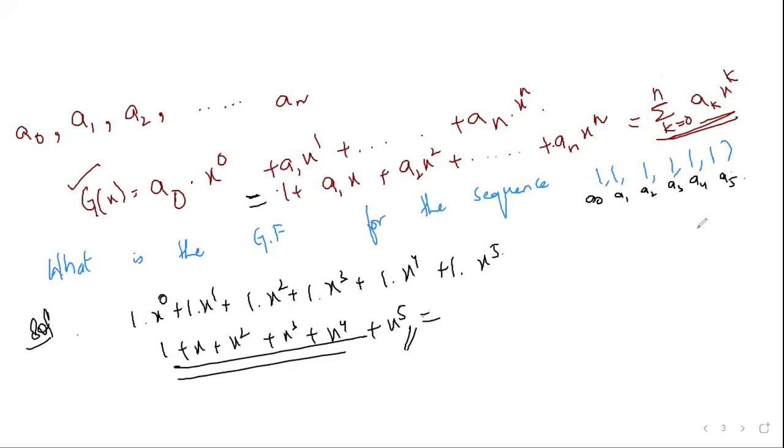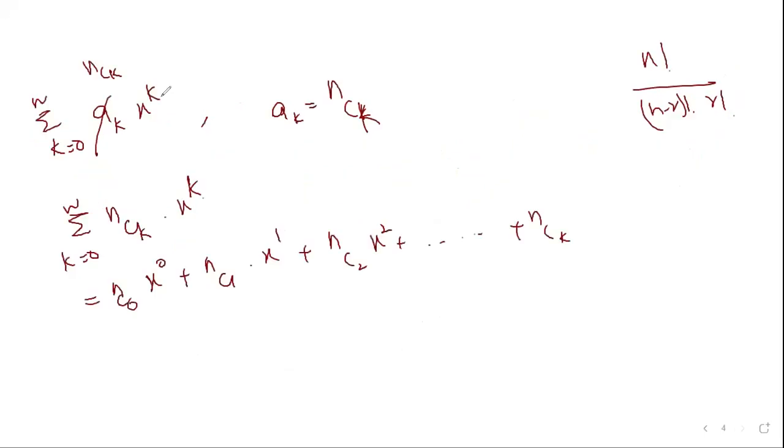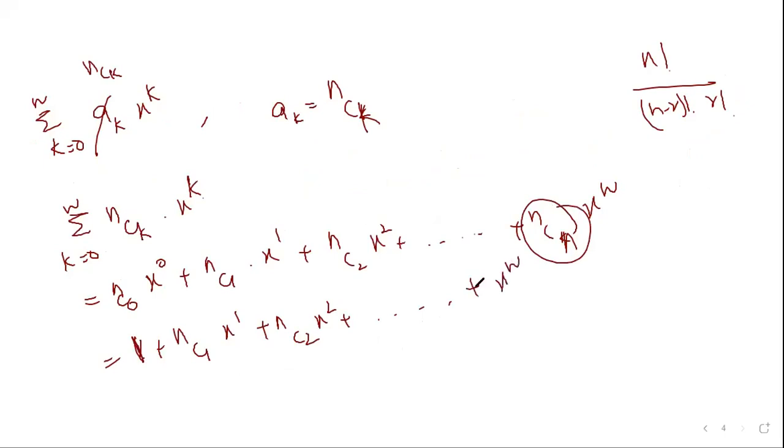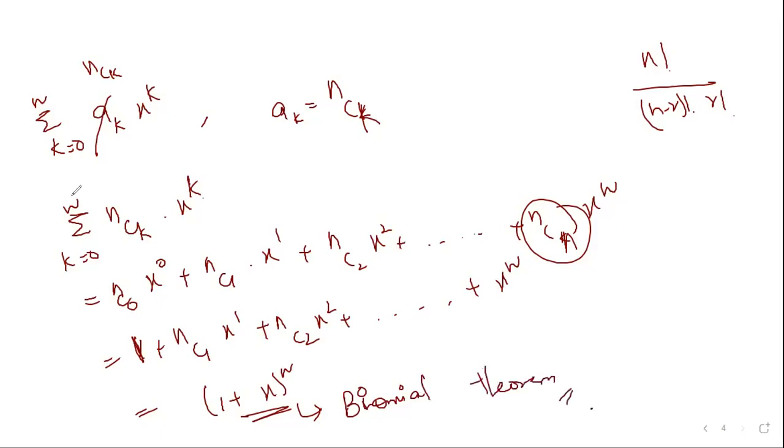So nCn x power n. Now nC0 is 1, so it will be 1 plus nC1 into x power 1 plus nC2 into x square, and nCn is also 1, so x power n. This can be written as (1 plus x) power n, the binomial theorem. This is the binomial.